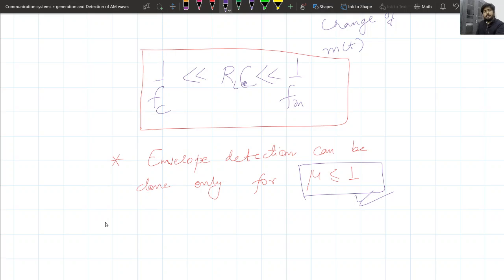So these were the methods of generation and detection of the amplitude modulated wave. Thank you.